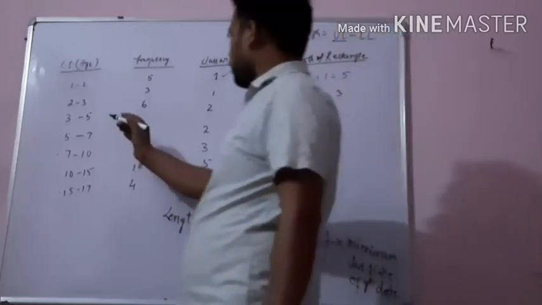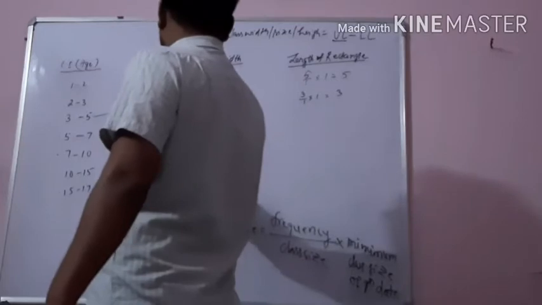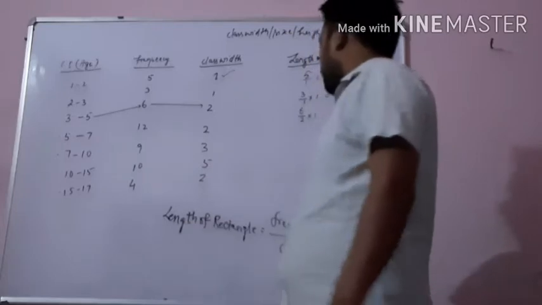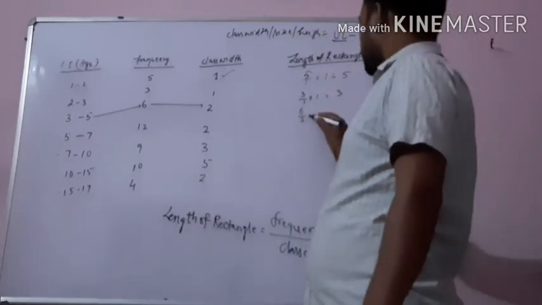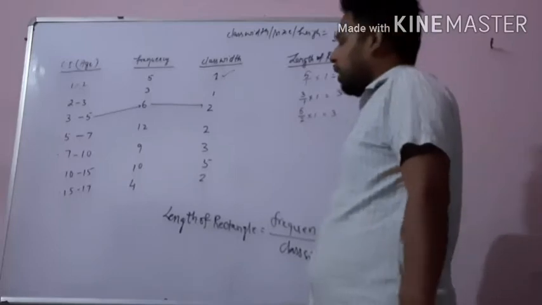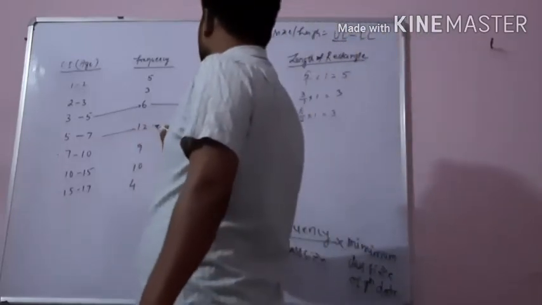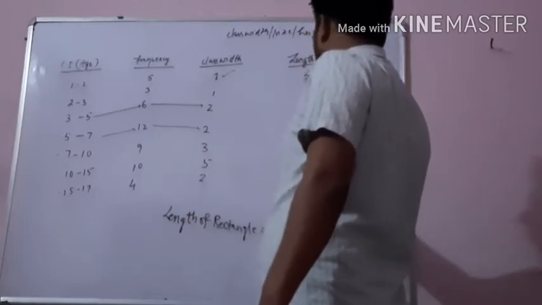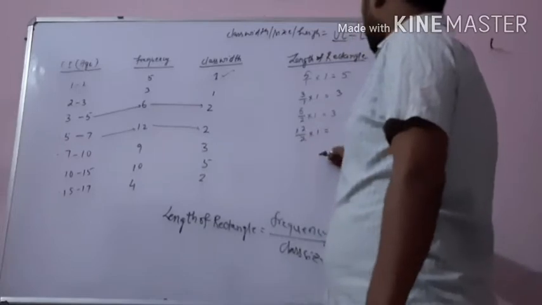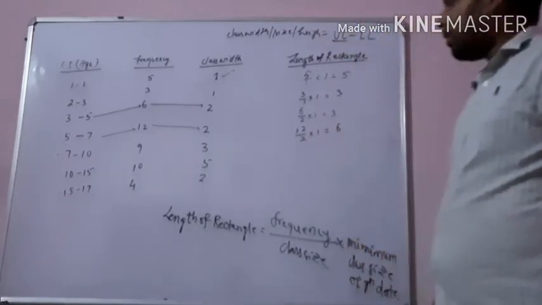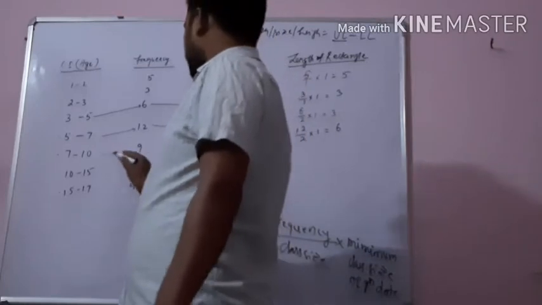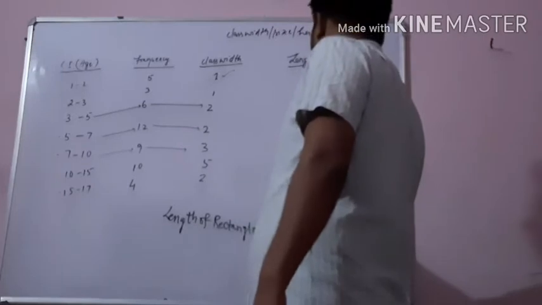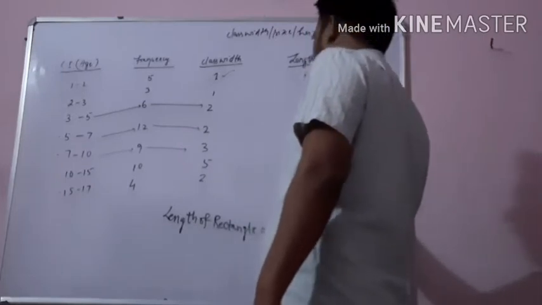Now for 3 to 5, the frequency is 6 and the class width is 2. So 6 upon 2 multiply 1. 6 upon 2 is 3, 3 multiply 1 will be 3. For 5 to 7, the frequency is 12, the class width is 2. So 12 upon 2 multiply 1 is 6. Now 7 to 10, the frequency is 9, the width is 3. 9 upon 3 multiply 1 will be 3.